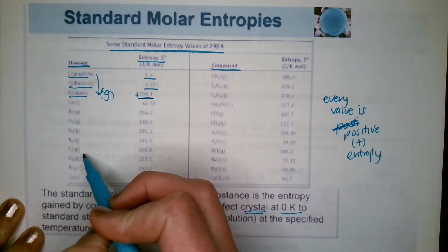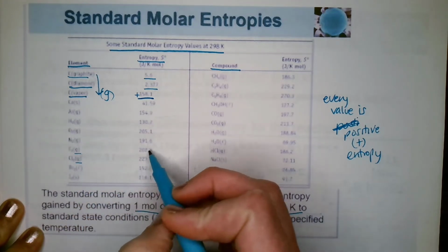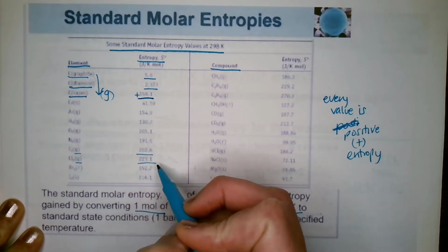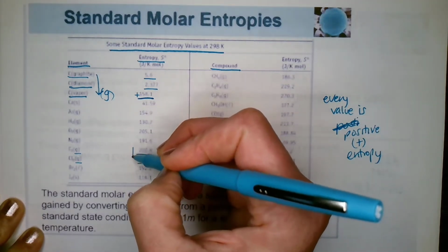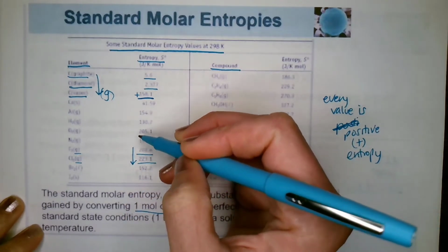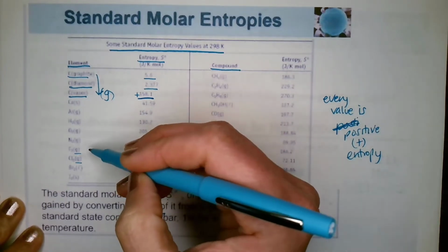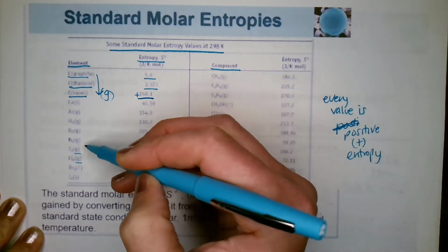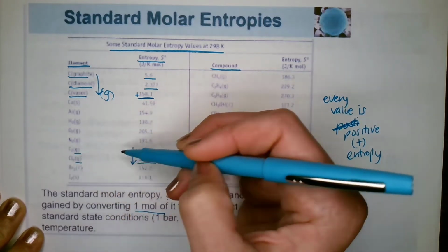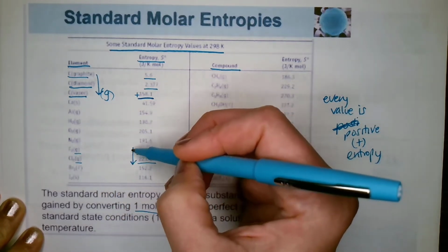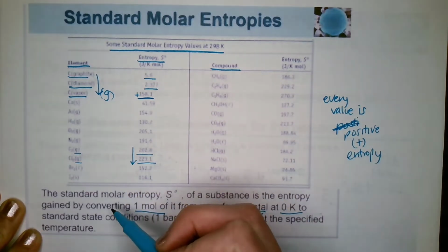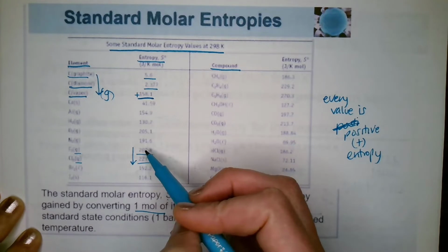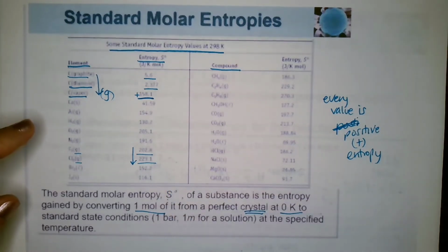It's a lot more disorder, right? Let's look at fluorine and chlorine gas, 202 versus 223. So there are some observations we can make: as we go down a group or a family, as we get bigger, more massive particles, that chaos or disorder increases.